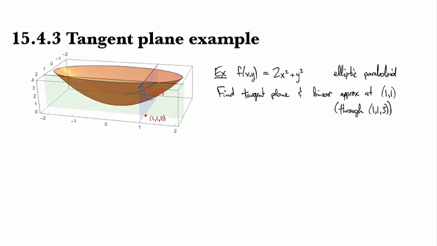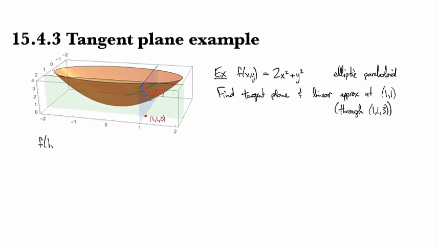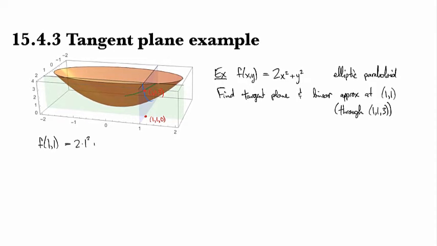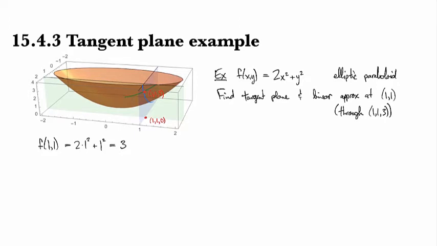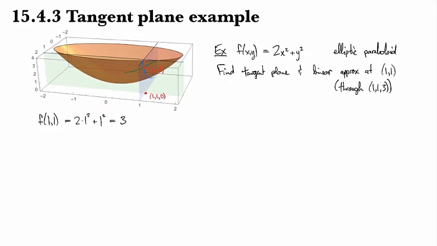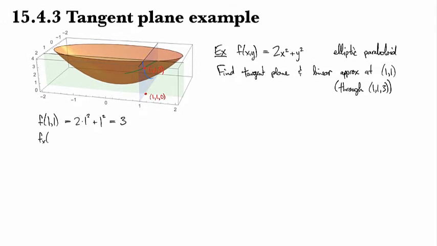Okay, so let's see now. The first computation that I did, I didn't even write down, but I should have, and that was to find the height of the point above xy equal to 1, 1, and that's 3. Okay, so then what else are we going to need? We're going to need the partial derivatives of f evaluated at various points.